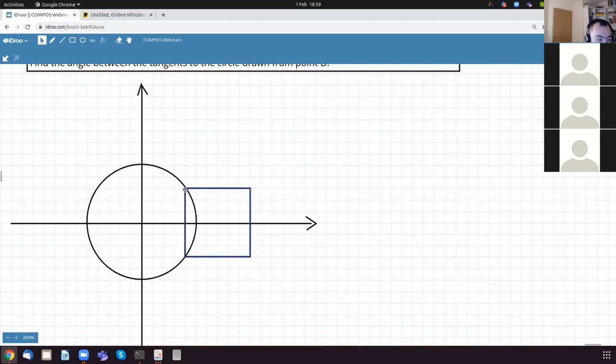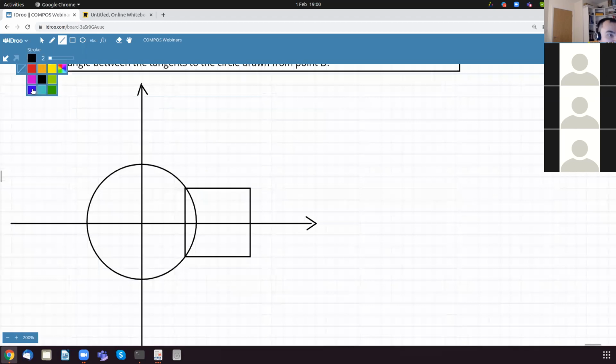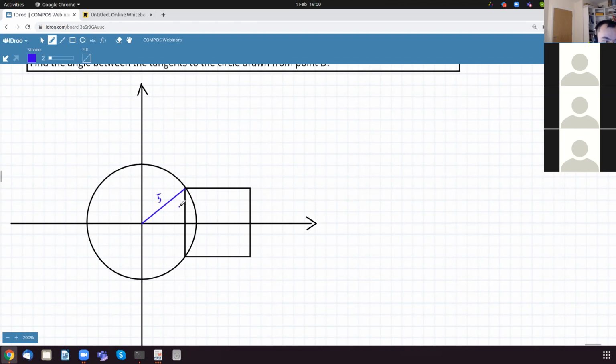So this is 6, and this point should be 4, 3. So we will check that. We'll draw this and say, okay, this is 5. And of course, if the square is 6, this must be 3. So by Pythagoras theorem, this has to be 4.